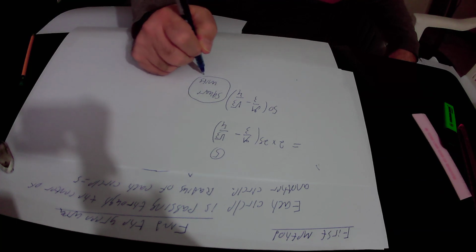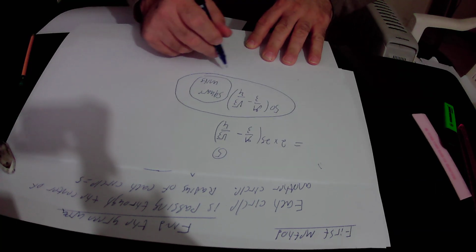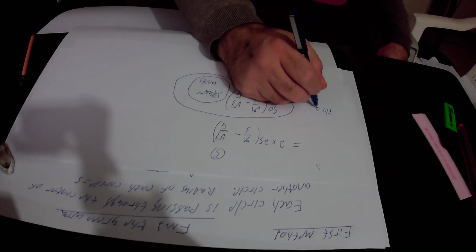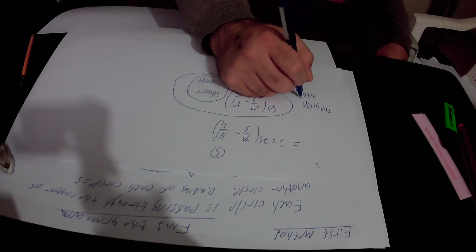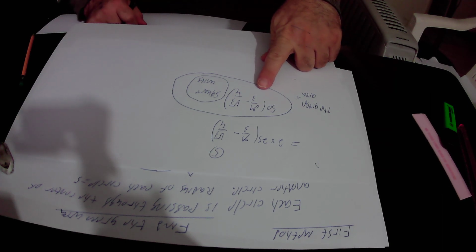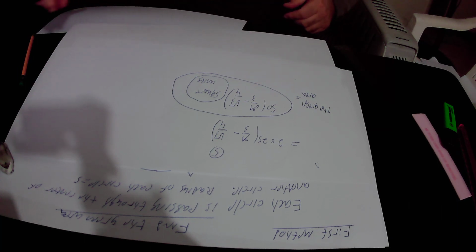Okay, I'll repeat again. The green area equals 50 times pi over 3 minus square root of 3 over 4 square units.